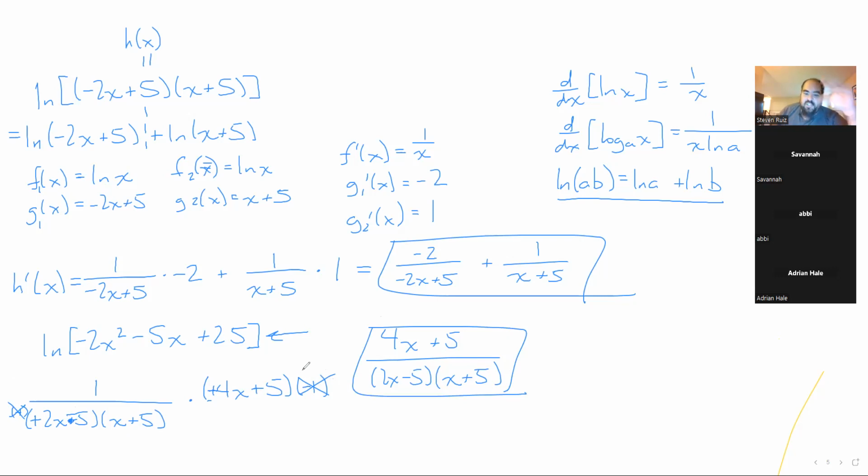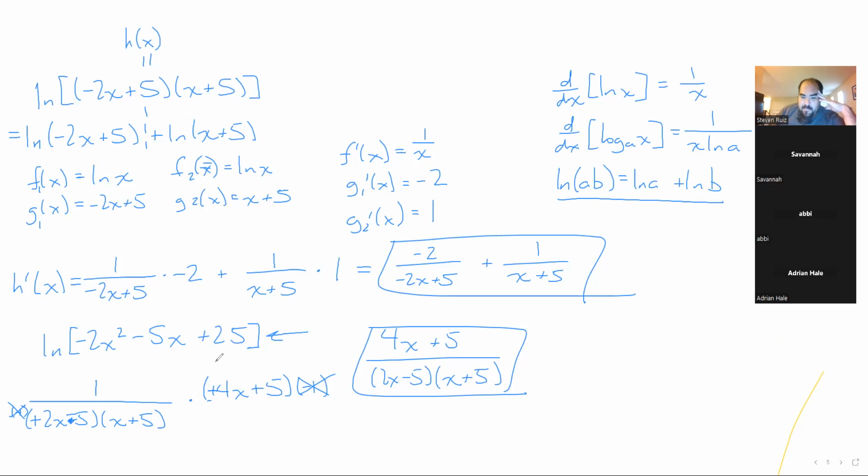The rest of that was just them trying to simplify and make things positive, and if you want to do that, go for it. But if I don't tell you to simplify a derivative, if I just want you to find it, then that's what I'm after.